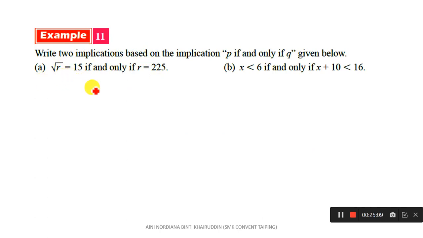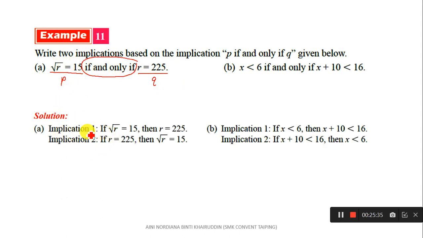So for the first implication, you just look at the words if and only if. So this one becomes P and this one becomes Q. The two implications will be: if P then Q, and the second one, if Q then P. Okay, implication 1, this is P just now.